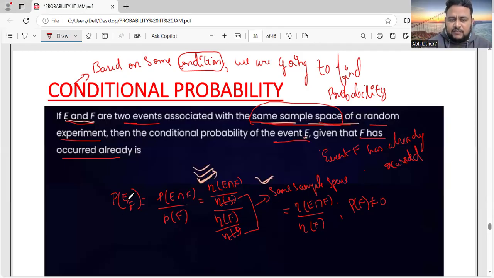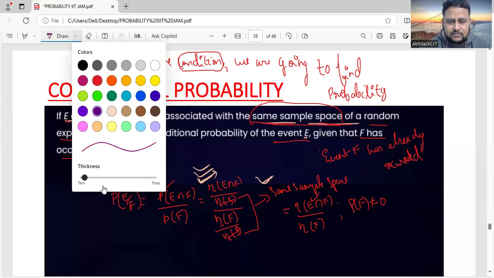So the probability of event E occurring with respect to event F that has occurred is given by, you can use either this formula or this formula. This formula I have reduced to this.